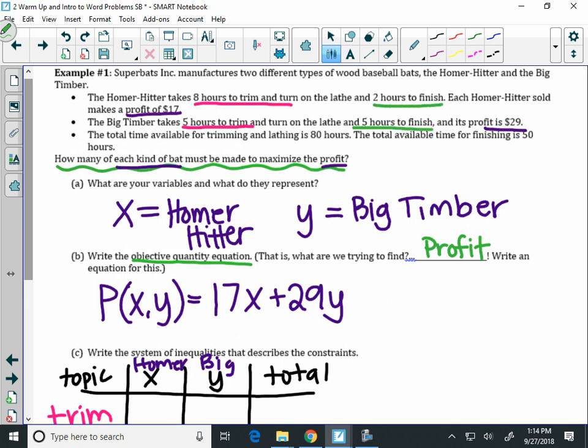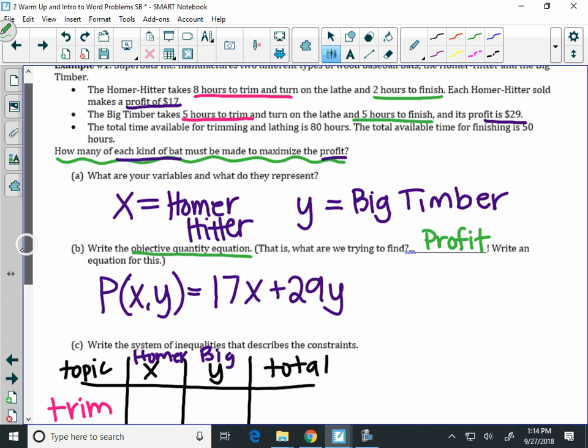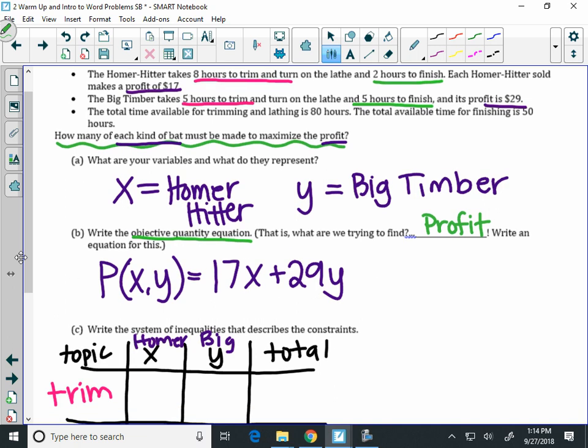So once I know the topics, I'm going to fill in my table with the values. So what does it say for the Homer Hitter? How long does it take to trim? 8 hours. So I'm going to put an 8 under the X column for trimming. Alright, how long does it take to trim the Big Timber? 5 hours. So it takes 5 hours to trim.